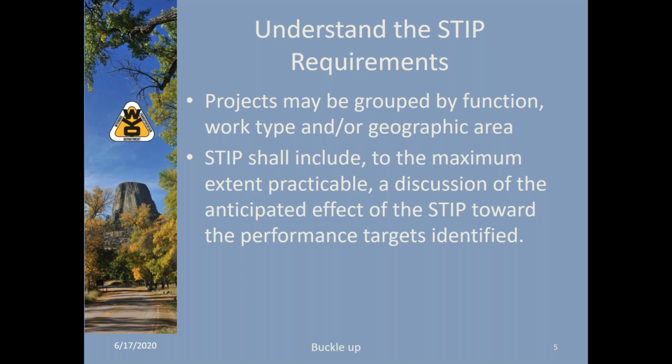Projects can be grouped by function, by work type, or geographic area. And what we do in Wyoming is we utilize this capability to, in the future, set up placeholder areas where we acknowledge the dollars that are going to be applied, but sometimes the locations are not quite set.